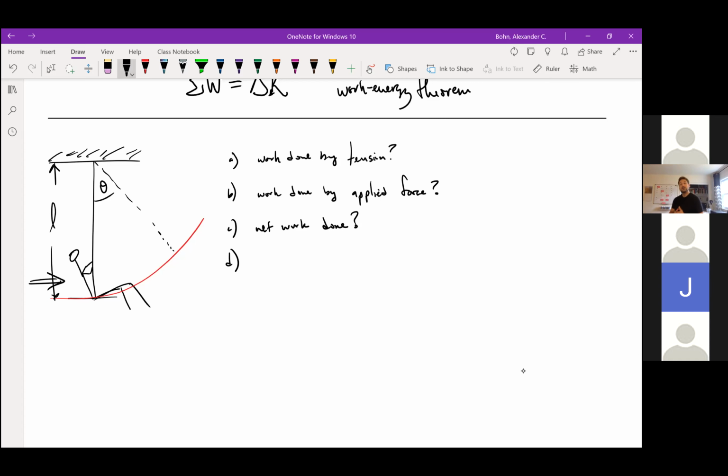What's the net work that is done? I think you know the answer to that already. And how much work is done by gravity? All right.